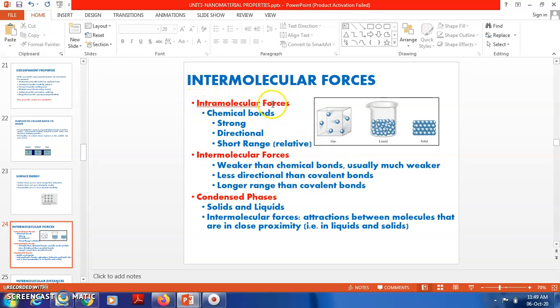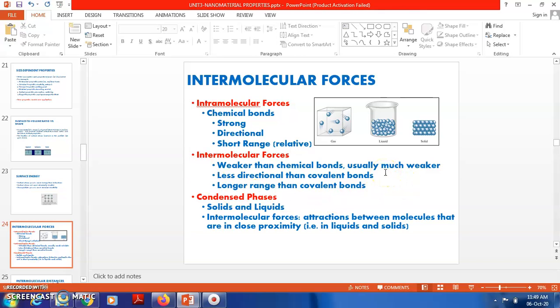Intermolecular forces are weaker than chemical bonds, usually much weaker, less directional than covalent bonds, and have a larger range than covalent bonds. Properties of that type are called intermolecular forces.